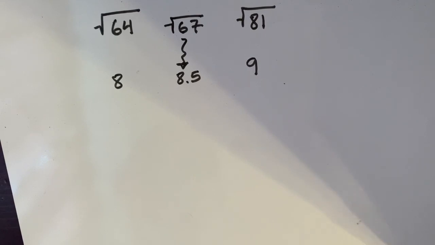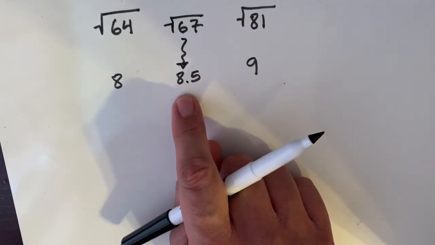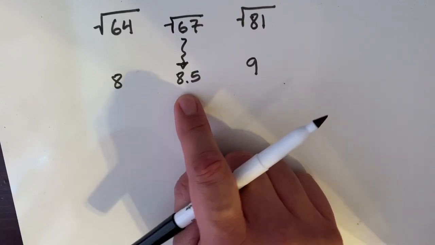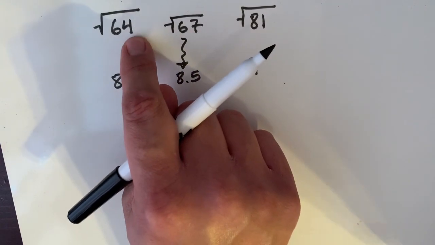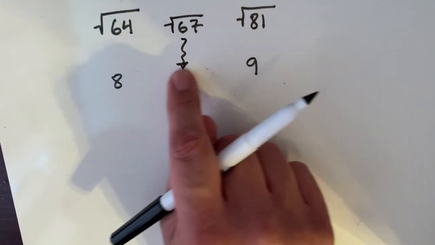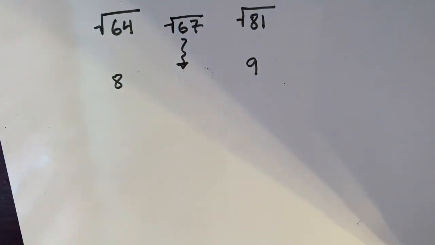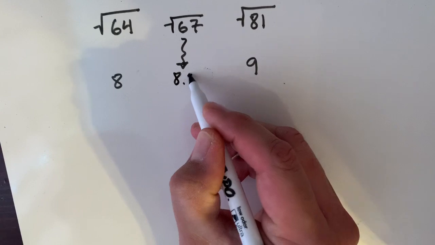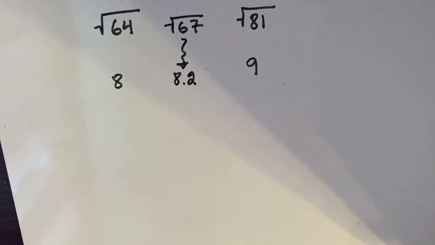So 67 is not right down the middle, so 8.5 as the square root of 67 would not be reasonable. Since 67 is closer to 64, this number here should be closer to 8. So I would go with anywhere between 8.1 and 8.2. Approximately 8.2. That would be a safe bet.